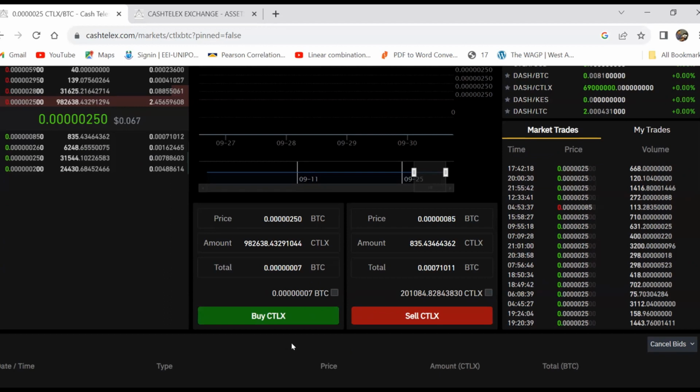And people were like, is it not a scam and all that? But people that bought then at a much cheaper rate have maximized profit. They've made a lot of money from Bitcoin. And some of them are not even willing to sell because they know cryptocurrency is the future of the world. So we are lucky that we are part and parcel of the CashTelex community. So we should be encouraged to keep buying more and more.